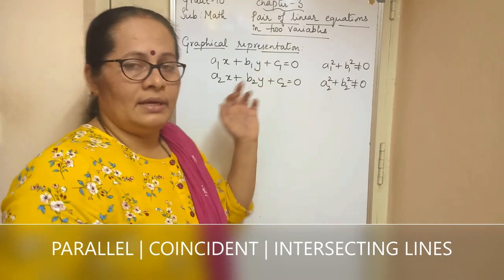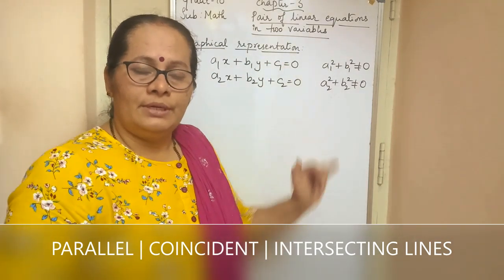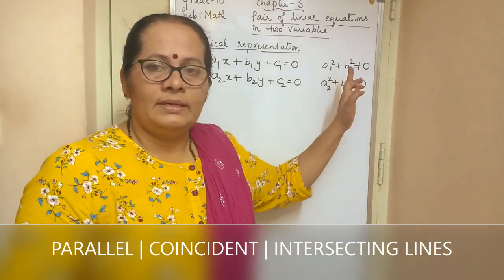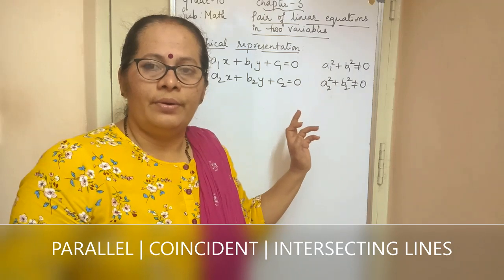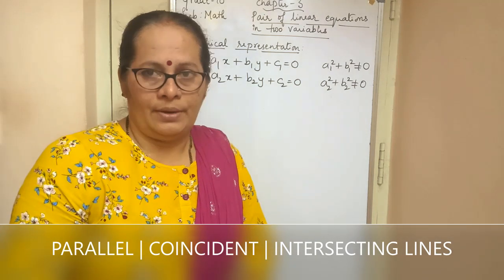a1, b1, c1 are real numbers, and in the second equation a2, b2, c2 are also real numbers, but a1 square plus b1 square is not equal to 0, and a2 square plus b2 square is also not equal to 0.